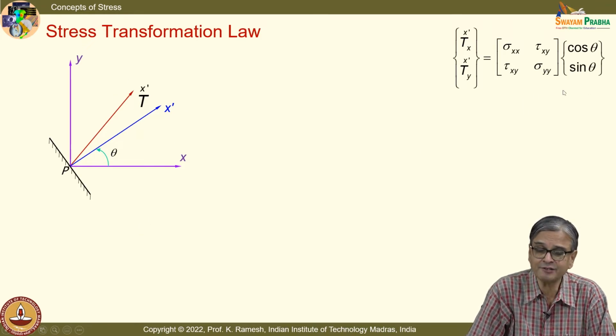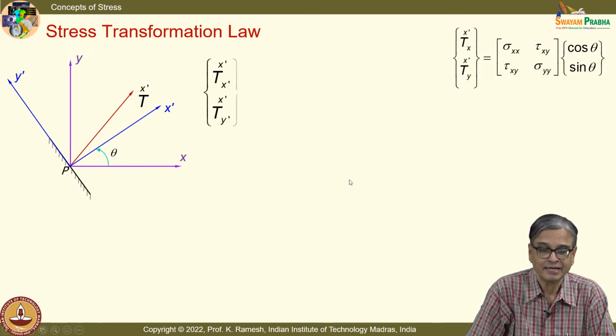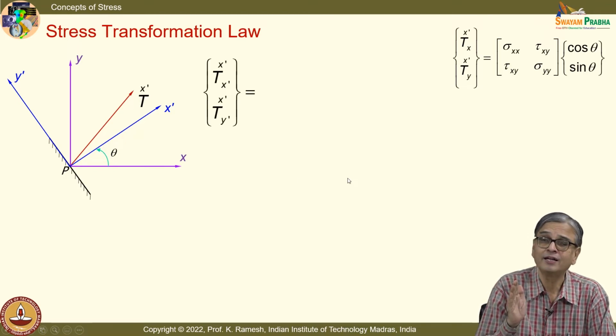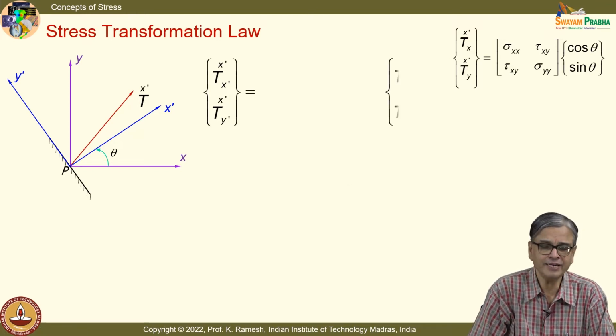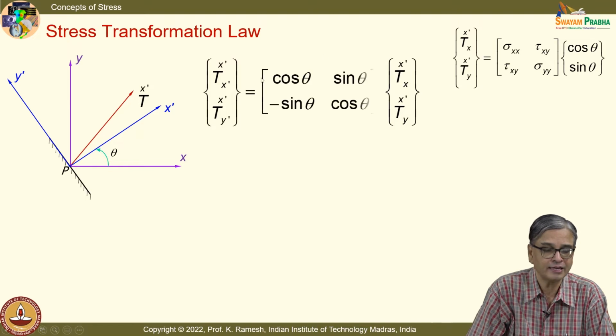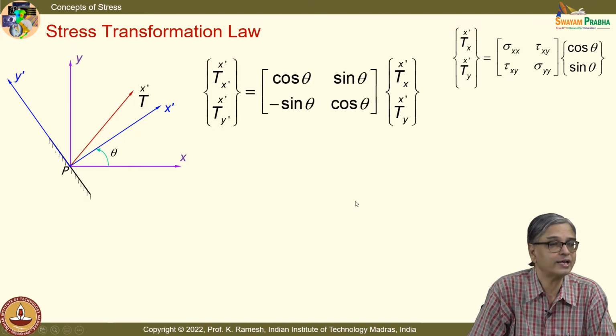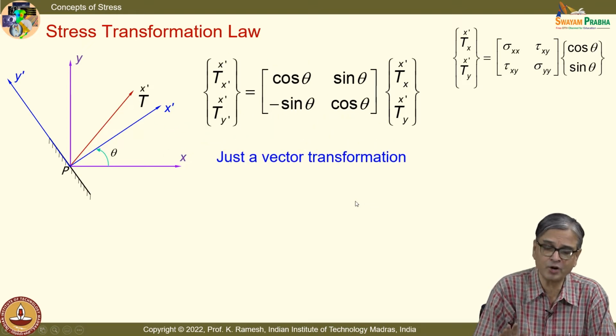This can be obtained by Cauchy's formula, and if I want the stress tensor with respect to the x prime y prime axes, I will have to do a vectorial transformation of the stress vector. If I have to get t x prime from t x prime x, I have to go for a vectorial transformation.